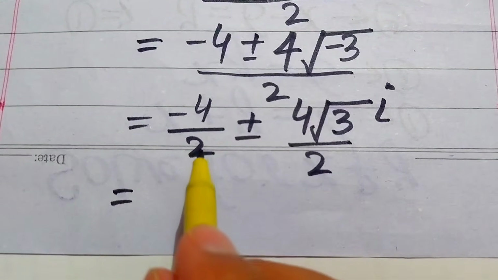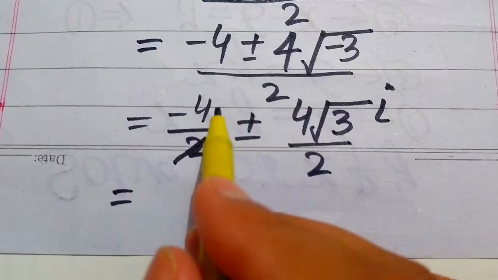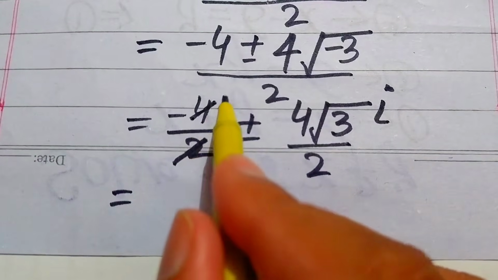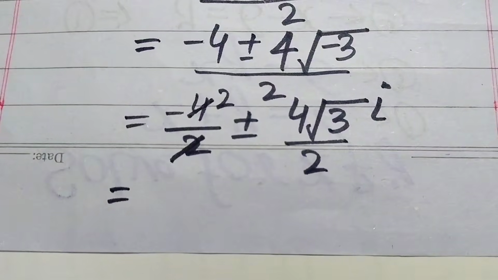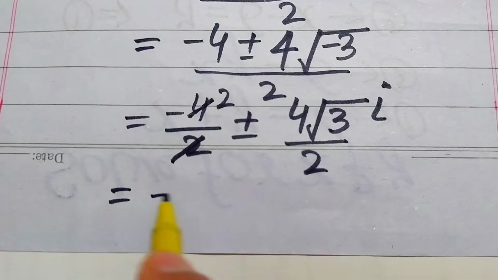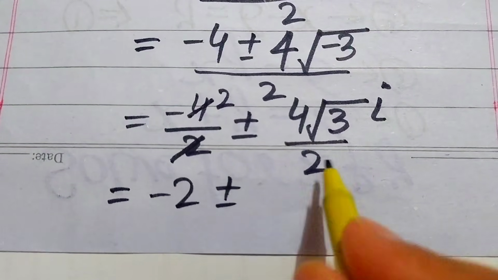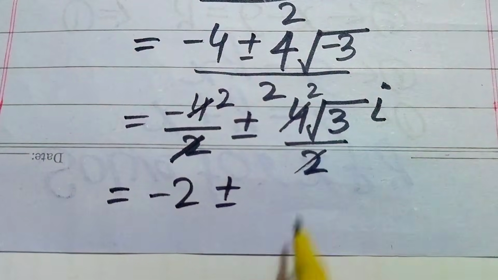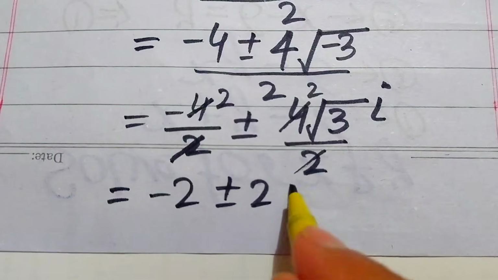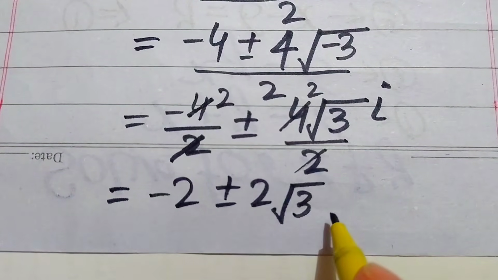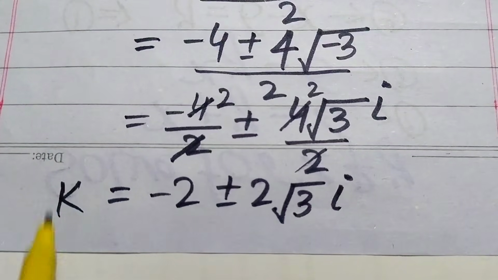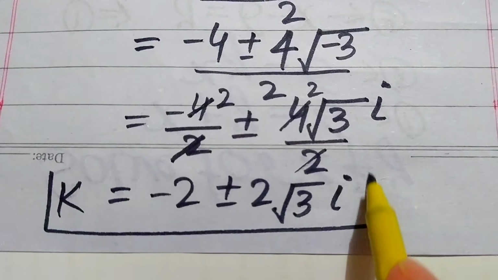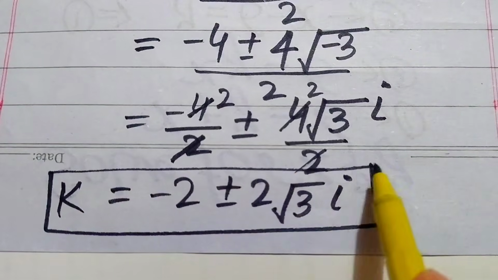These values are cancelled out by each other, and 2 times 2 becomes 4. So we have minus 2 plus minus 2 times the square root of 3 into iota. These are the two complex roots of the given equation.